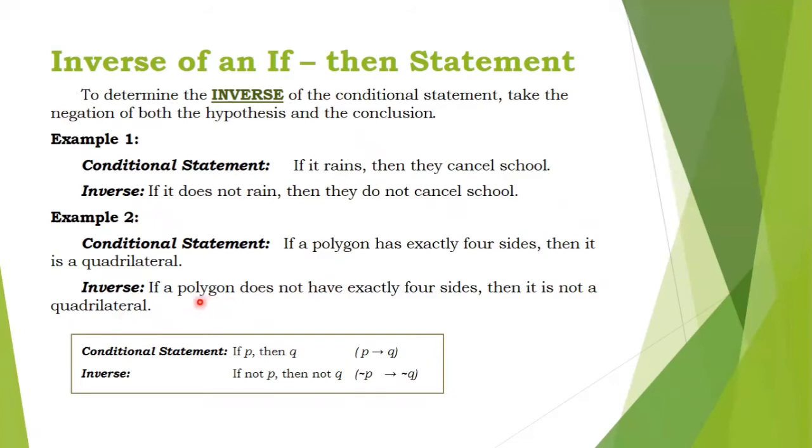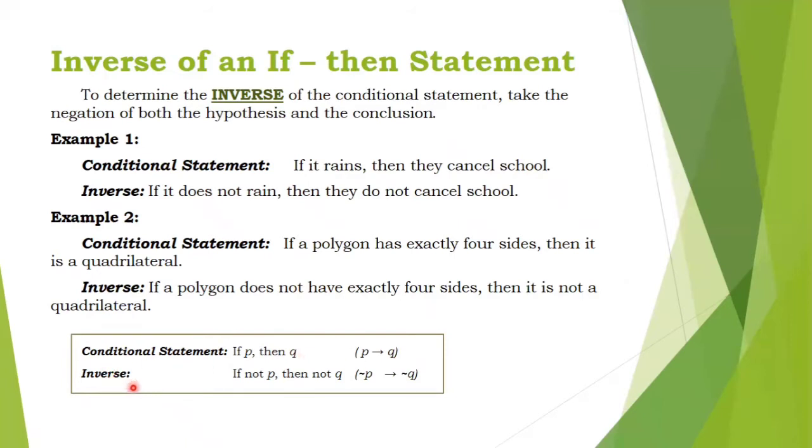No? If a polygon does not have exactly 4 sides, then it is not a quadrilateral. So, inverse, kabaligtaran, in other words, no? So, remember this. In the conditional statement, we have if P, then Q.